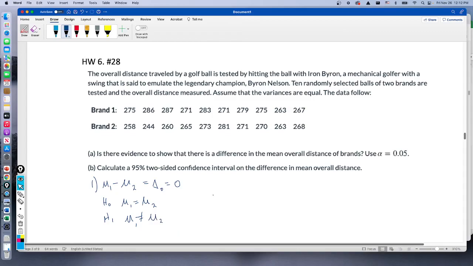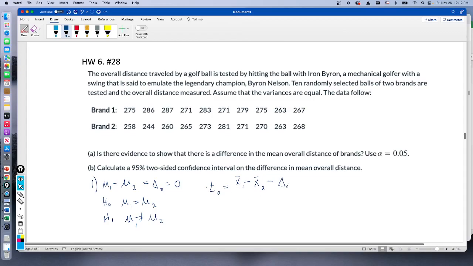Okay. Our test statistic, because we're dealing with samples, is going to be a t-value. So t naught is going to be the mean of the first sample minus the mean of the second sample, minus the difference here, which is our delta naught, which is going to be 0.